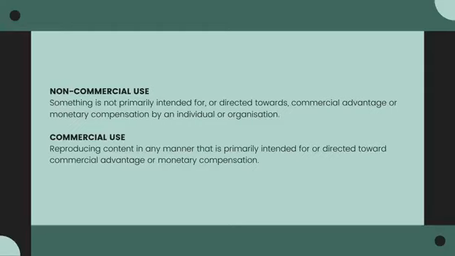Whereas commercial use of an image would be reproducing it in any manner that is primarily intended or directed towards commercial advantage or monetary compensation. Okay, so lots of big words, but essentially examples of this would be images or any sort of media like videos or music that are used in TV production or used in advertising like Facebook ads or something like that.